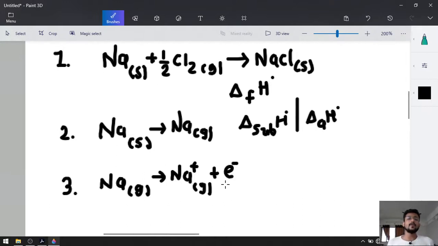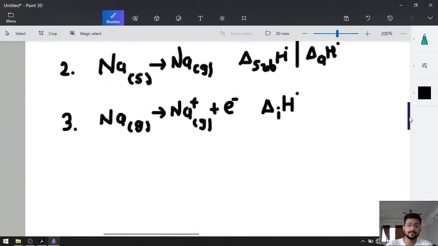Removal of electron is known as ionization enthalpy. So delta I H naught. That will be our step number 3.